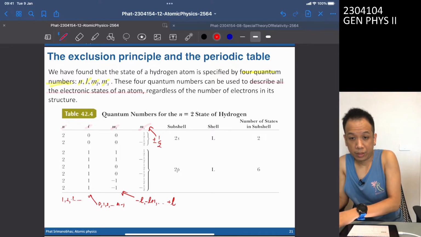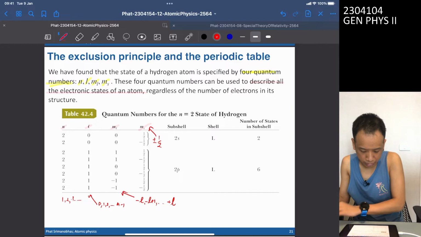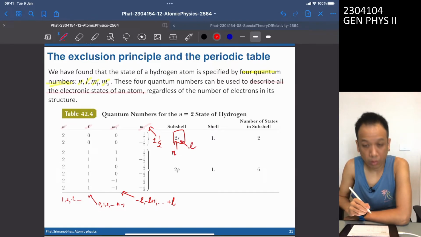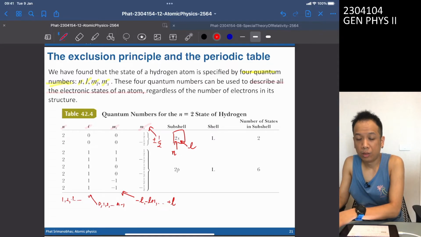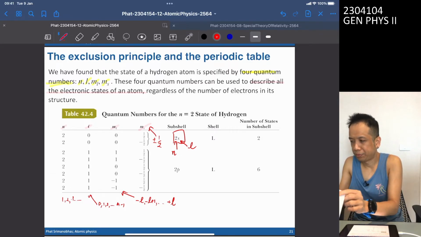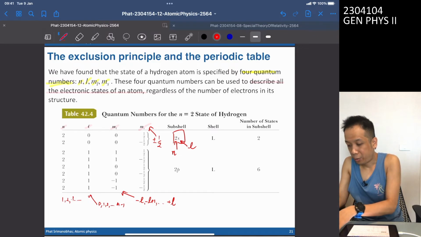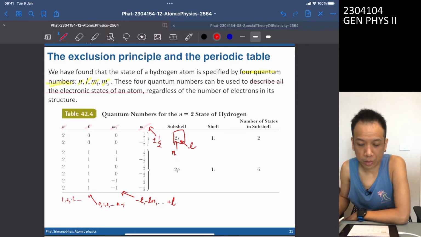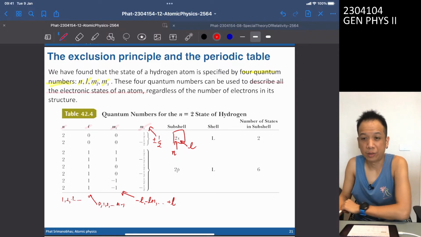Okay, and you have the symbolic notation, like 2s, where 2 represents the principal quantum number, and s represents the orbital angular momentum. So now the question arises. You have the 4 quantum numbers, you have electrons.